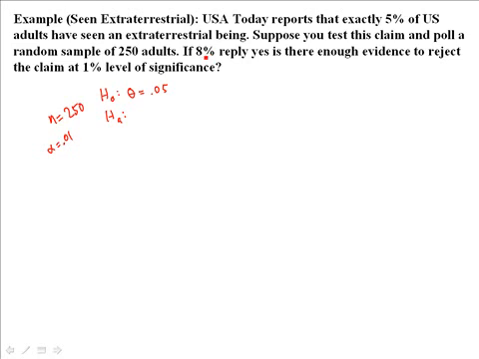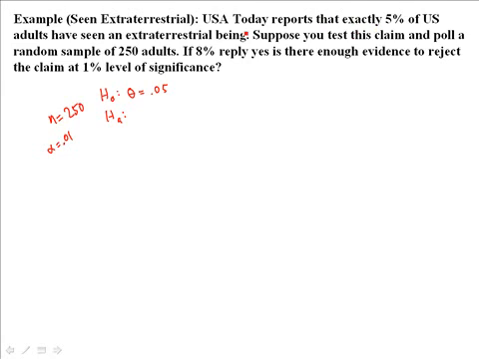Now, what is this 8% telling me? It's not the alternative hypothesis, but it corresponds to the sample proportion that comes from these 250 adults, and it gets used in the test statistic. To get the alternative, I have to look at what is said about the population proportion.